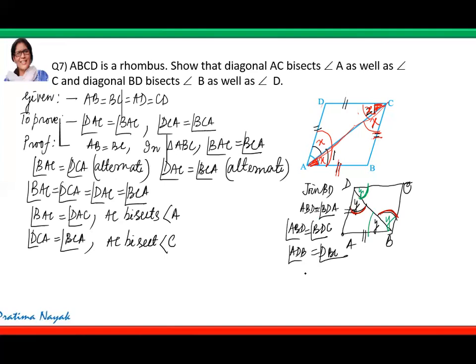So from these two, I can write ABD is equal to DBC. So BD bisects angle B. Again, ADB is equal to BDC. So BD bisects angle D.